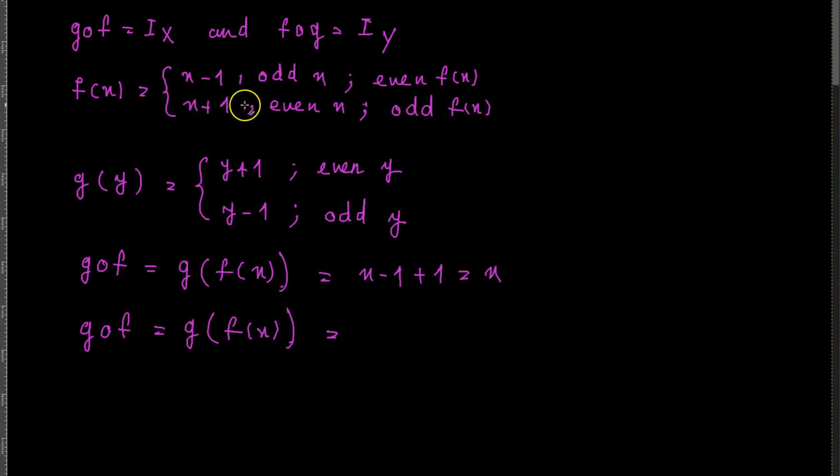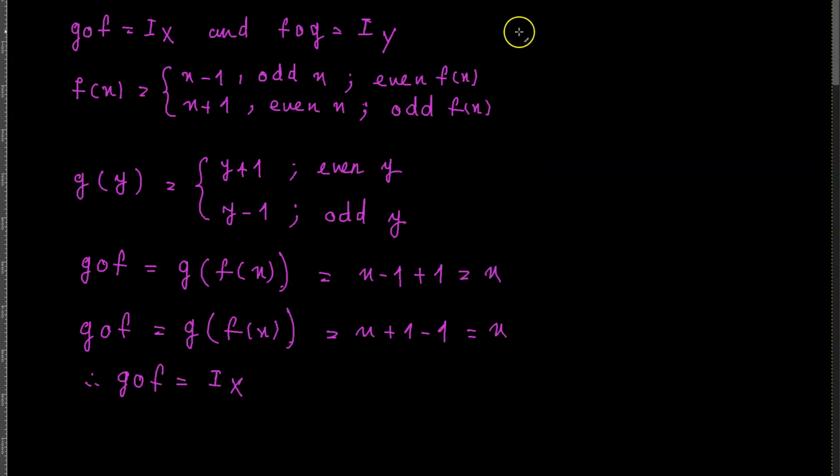So I'm going to use this clause and put it in here. That gives me x plus 1 minus 1, which is equal to x. So in both of these cases, g∘f is equal to x, which means that g∘f is the identity function on the domain of f. Okay.